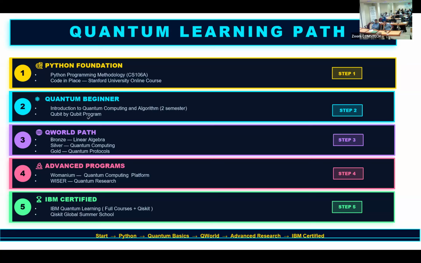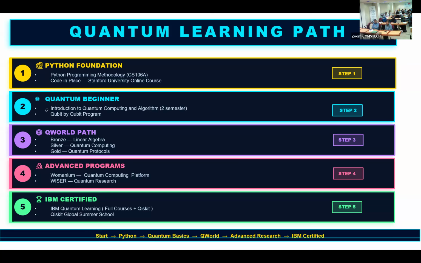For the classical case, we have C, Python, MATLAB, XYZ. Similarly, for the quantum case, you have Qiskit, Cirq, PennyLane, XYZ. Whichever language you learn, you can do it. But the main one, which is developing very fast and has a lot of code available, is Qiskit. So Qiskit is highly recommended.